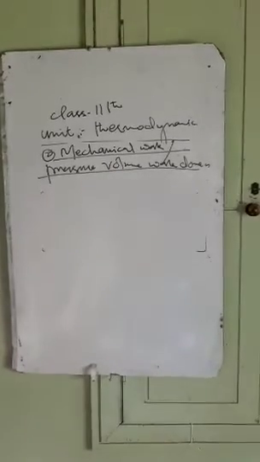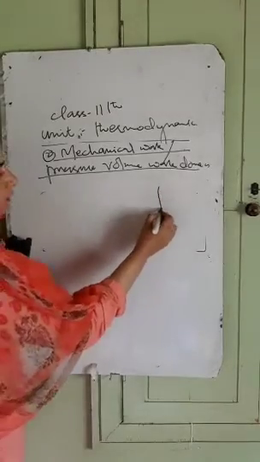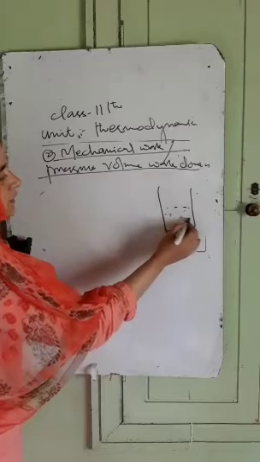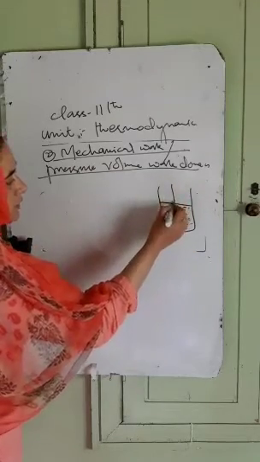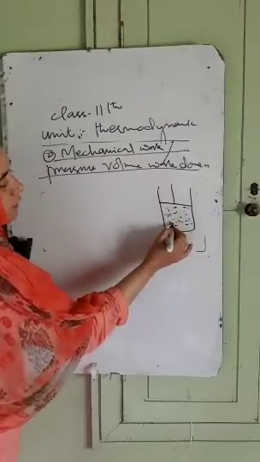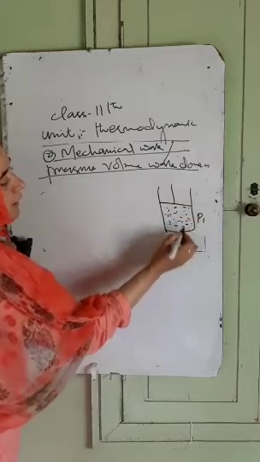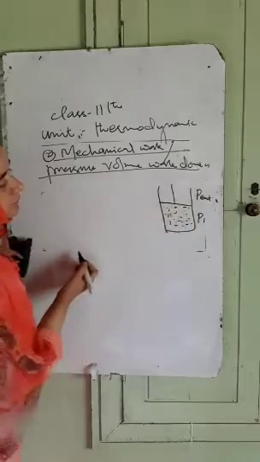To understand this, we are going to consider a cylinder which is filled with a gas and fitted with a frictionless piston. Suppose the pressure of the gas molecules inside the cylinder is P internal, and the external pressure is P external.